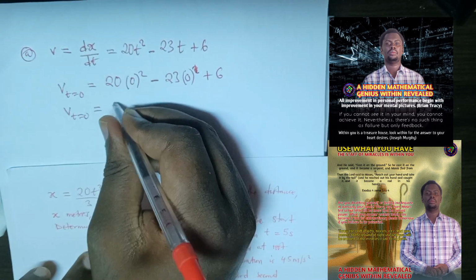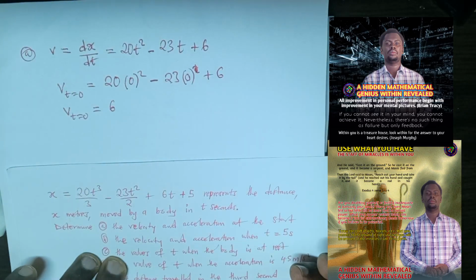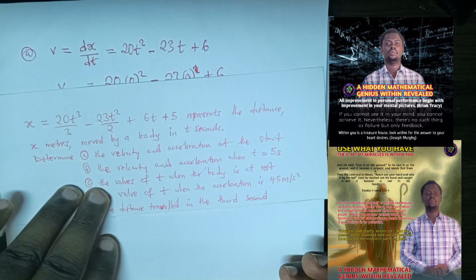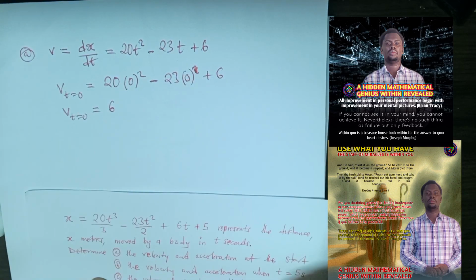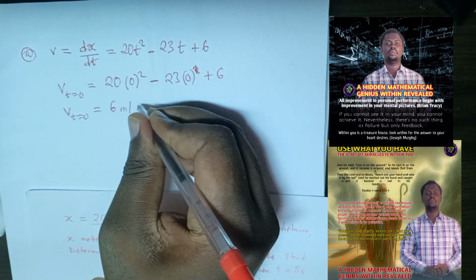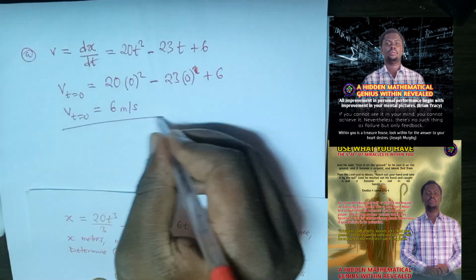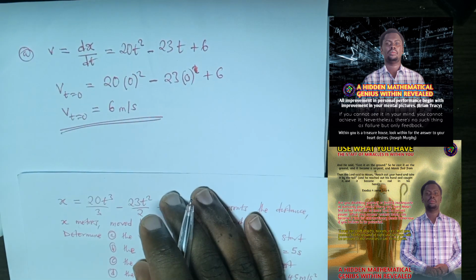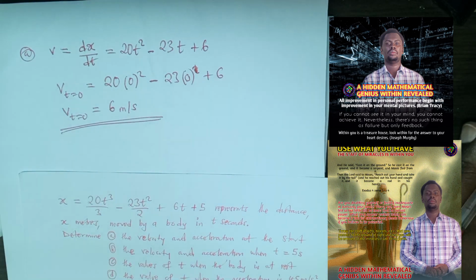So this is just equal to 6. The unit should be meters per second. So that is velocity when t is equal to 0, that is at the start.